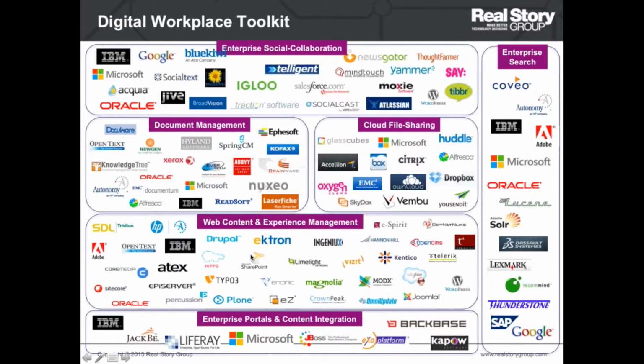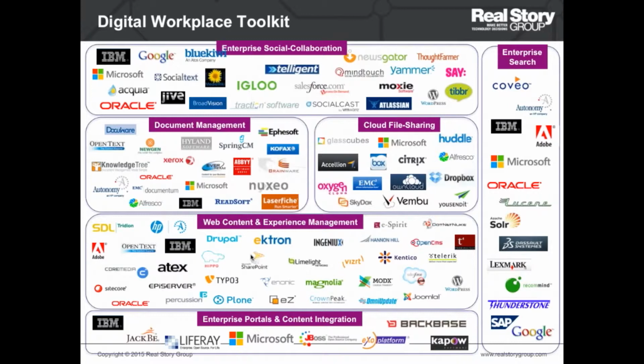The other bit of context setting here is putting enterprise social collaboration in the broader context of what we call a digital workplace toolkit. There's obviously a number of different tools that you may need to master to provide a complete digital workplace experience. Certainly document management, enterprise portals, part of the mix, certainly enterprise search, mobile increasingly important.